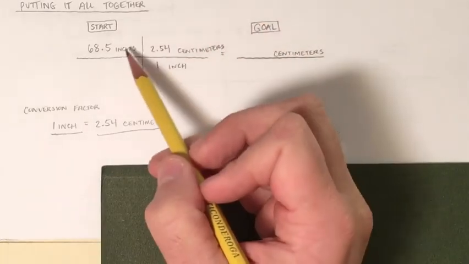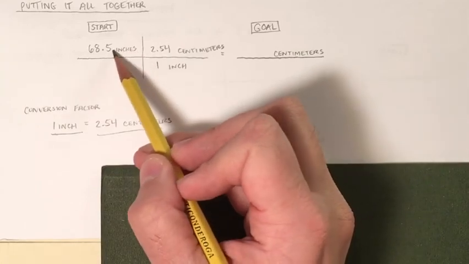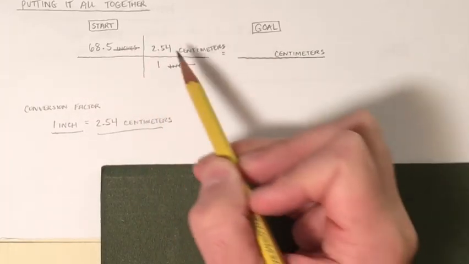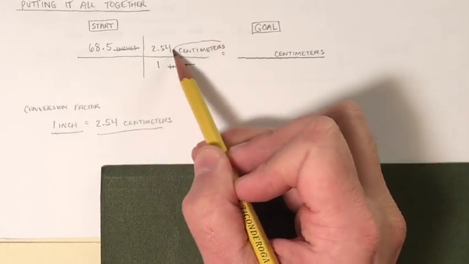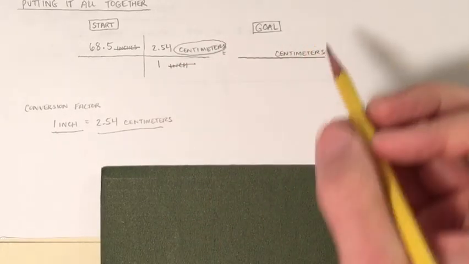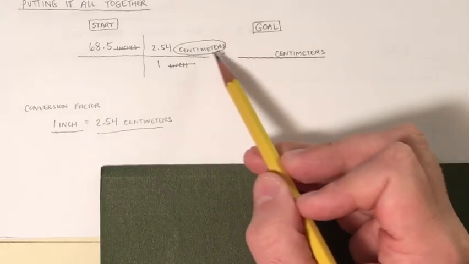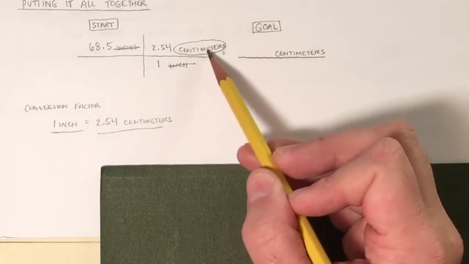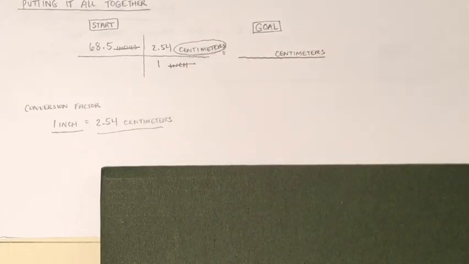If we look just at the units here, don't worry about the numbers currently. Inches and inches will cancel out. We have one on the top, one on the bottom. The only unit we have left is centimeters. That's what I want for my goal, so I'm good. Now that I have this unit as my only remaining unit in my chart, and it's the same as the unit that I want for my goal, I can go ahead and do the math.